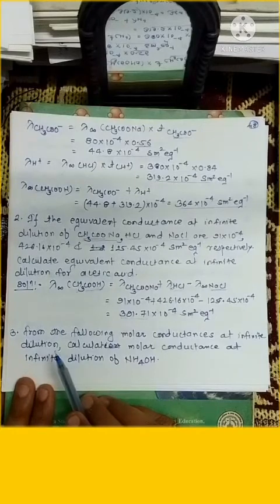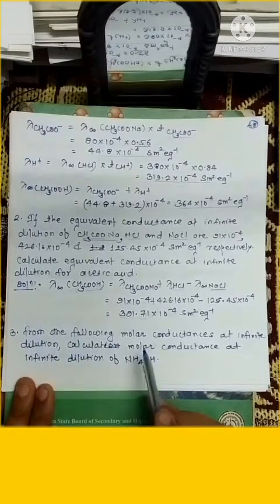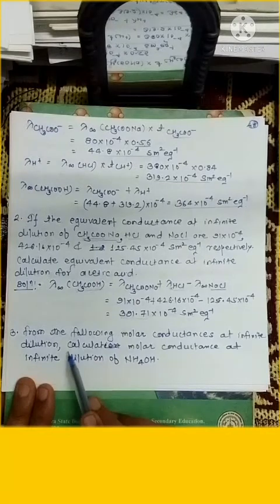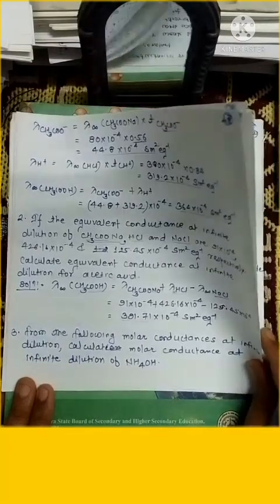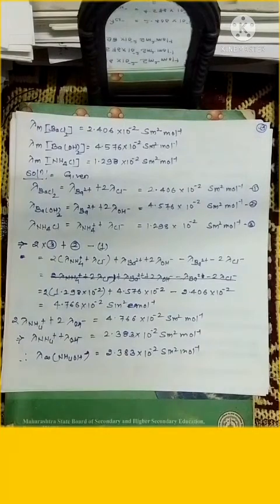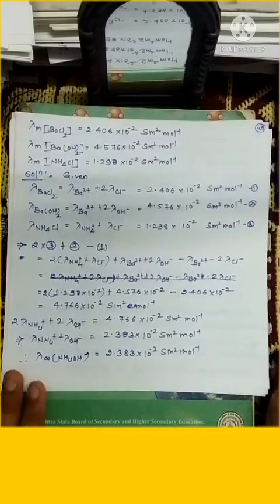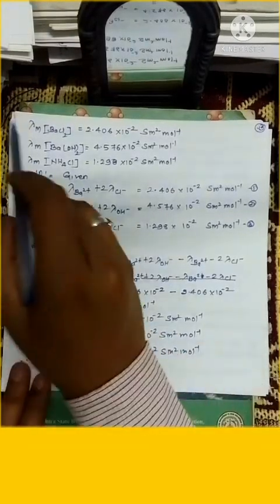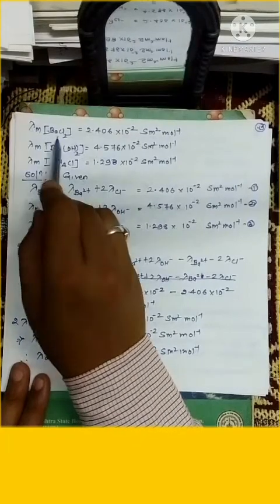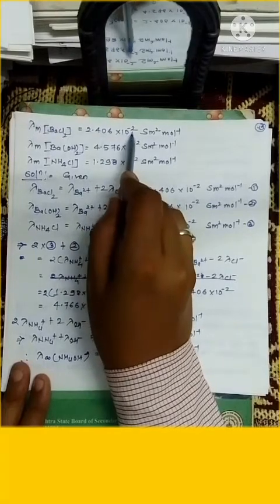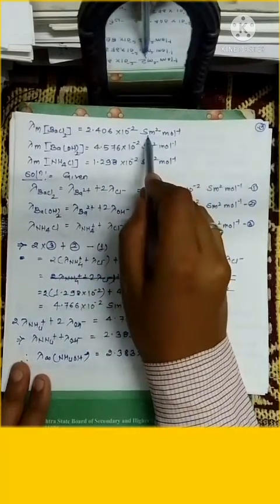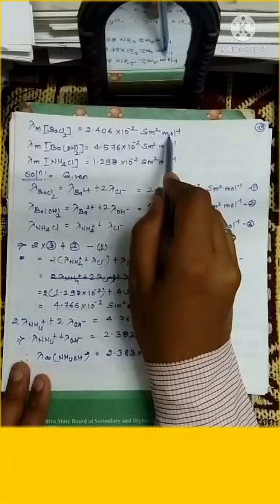Now we are going to solve the third numerical. From the following molar conductance at infinite dilution, calculate molar conductance at infinite dilution of ammonium hydroxide. So we have given molar conductance for barium chloride, 2.406 multiplied by 10 raised to the power minus 2 Siemens meter square per mole.